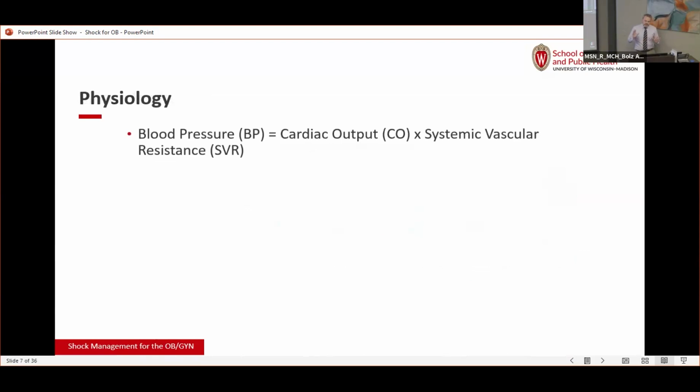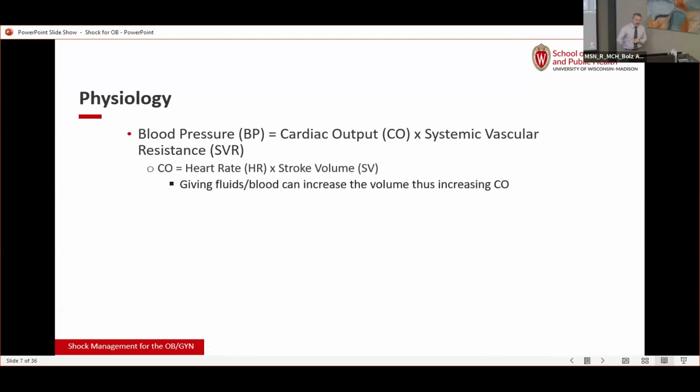So I know nobody really likes equations, but I have to know these for my boards, so we're going to talk about it today. There's a couple of equations we're going to use. First one is blood pressure, which is equal to our cardiac output and our systemic vascular resistance, right? So how much blood the heart's pumping out, and then the resistance in those blood vessels.